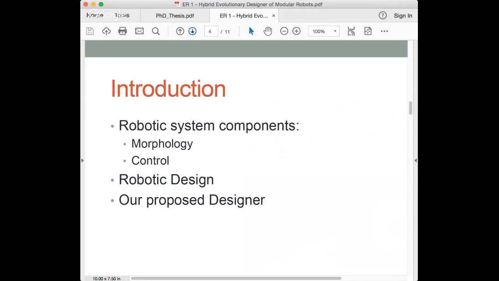The majority of robotic systems usually consist of two parts, the morphology and the control. The morphology, as most of you know, refers to the physical structure, the hardware or the body of the system, while the control refers to what? I want to hear from you. Please use the chat window. The morphology is the body and the control is what?